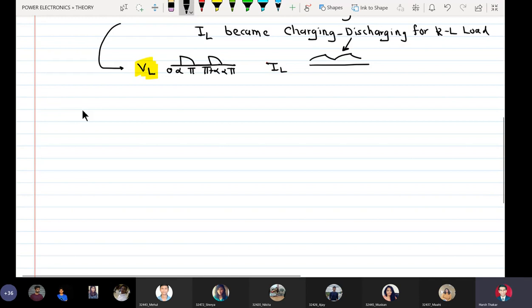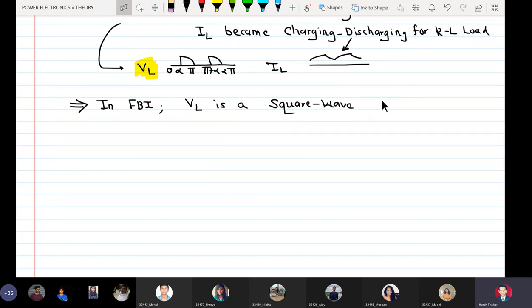Okay, so we can extend our understanding here that in full bridge inverter, the VL is a square wave going between minus V and plus V volts.